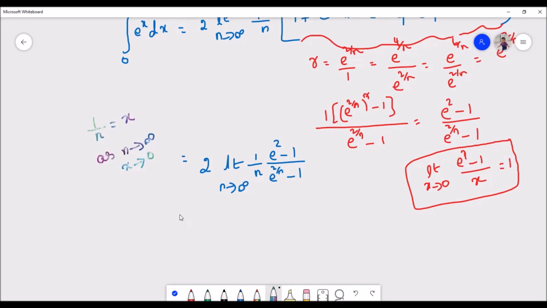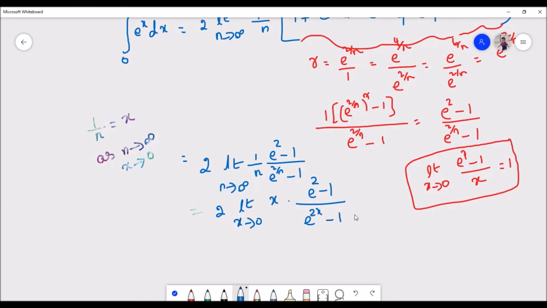So let us substitute that part and see how the limit changes. 2 is outside. The limit as n tends to infinity changes to x approaching 0, and 1 by n is replaced with x. e square minus 1 has no change, divided by e to the power of 2 times 1 by n, which is e to the power of 2x, minus 1.